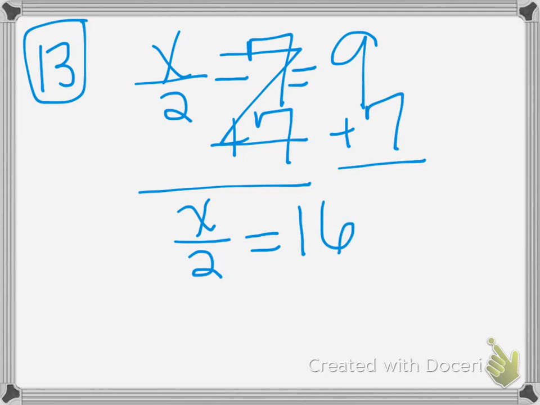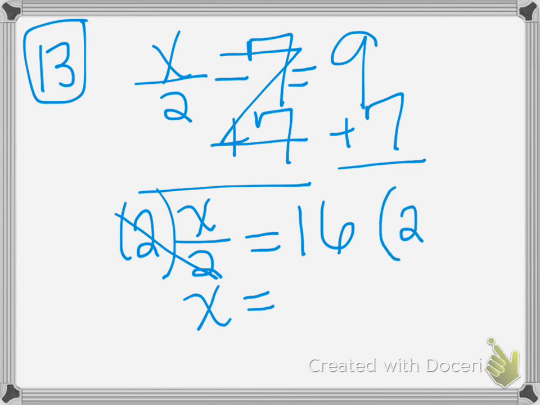Now, the x is being divided by 2. So to undo division, remember we're going to multiply by 2 on both sides. 16 times 2 is 32.